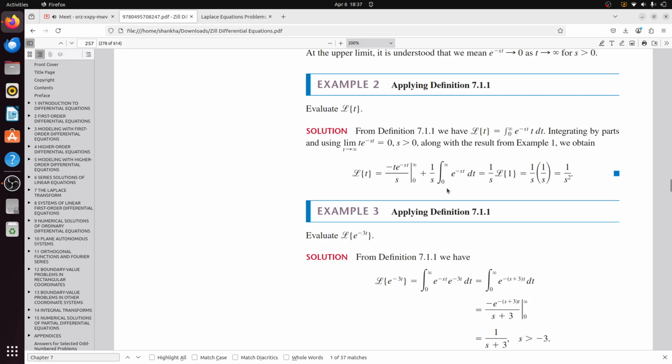So that will be 0 plus 1 by s into 1 by s, that means ultimately 1 by s square.